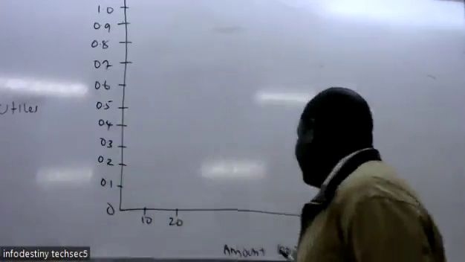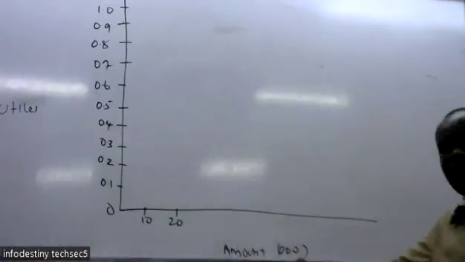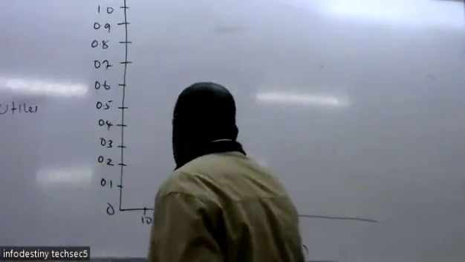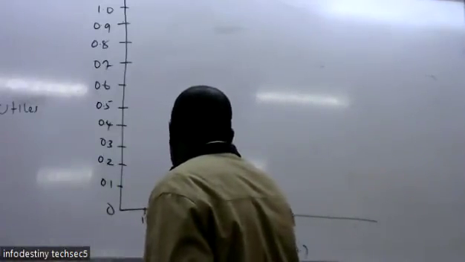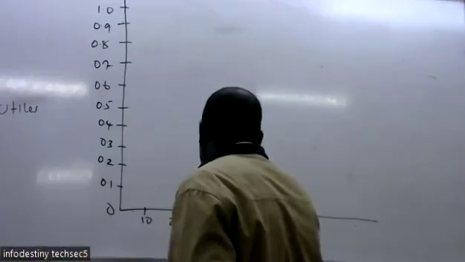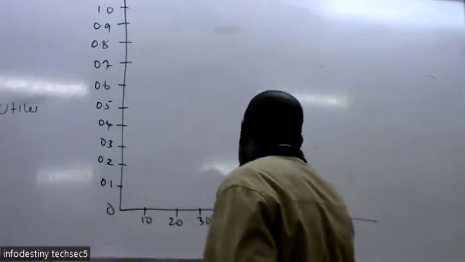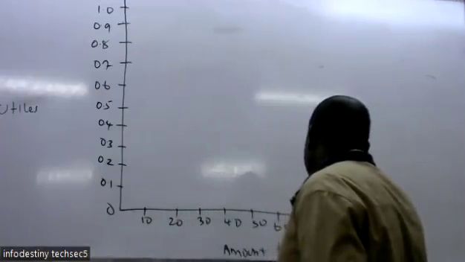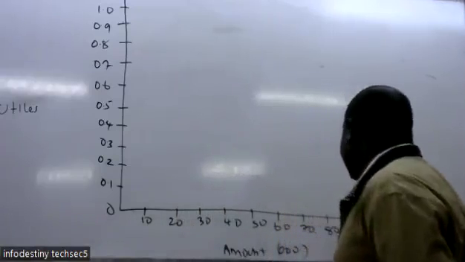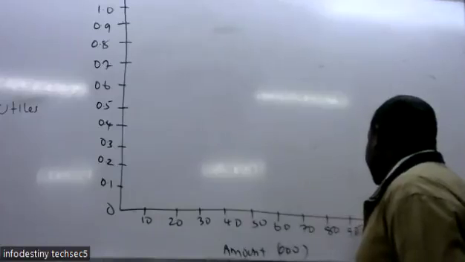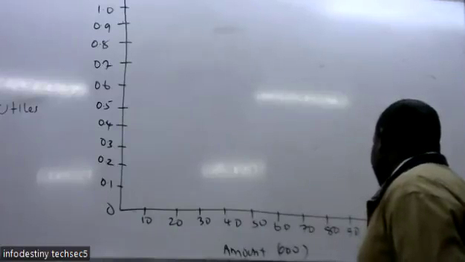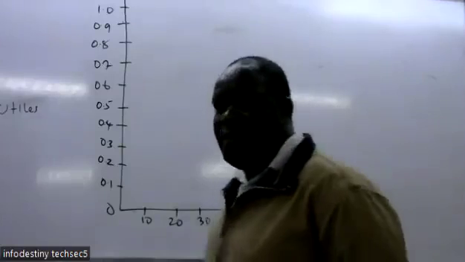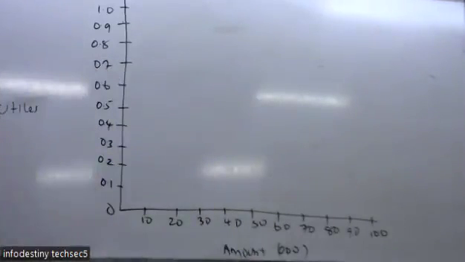I've put 3 zeros there to reduce the number of zeros. Then this one will be 30, 40, 50, 60, 70, 80, 90, up to 100.